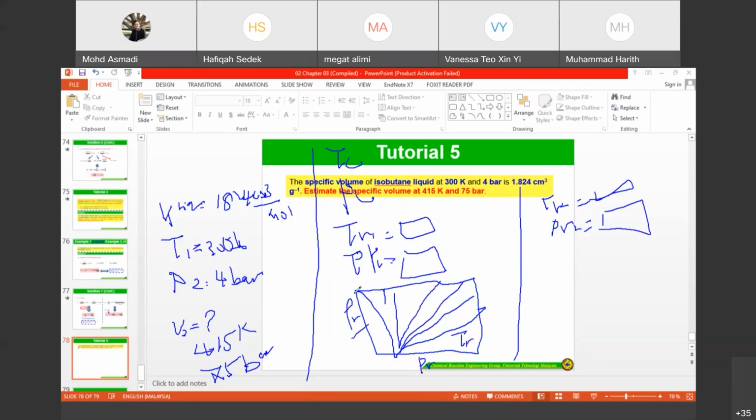So you have to determine the value of rho R. We want to use the correlation: V2 divided by V1 equal to rho R1 divided by rho R2. So you can get the value of rho R1.